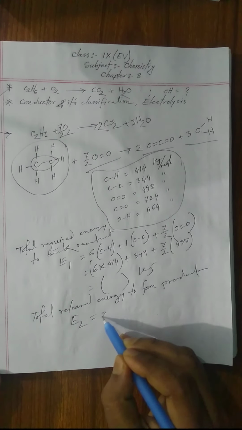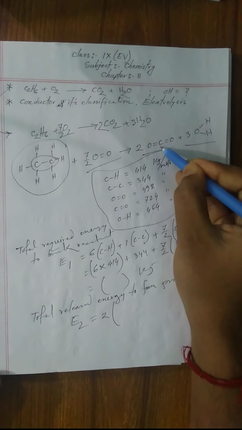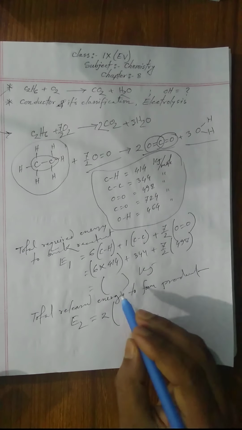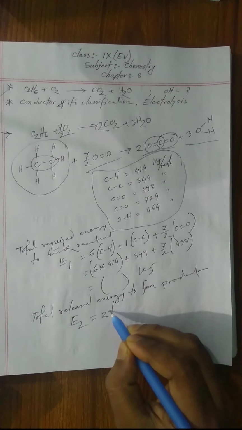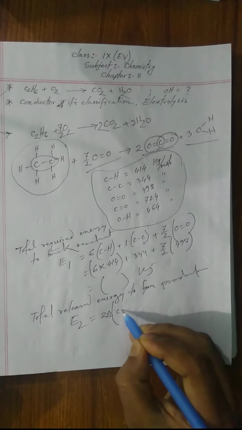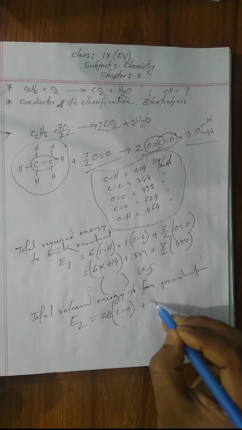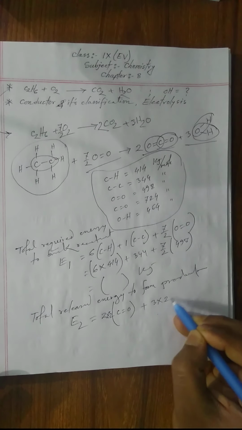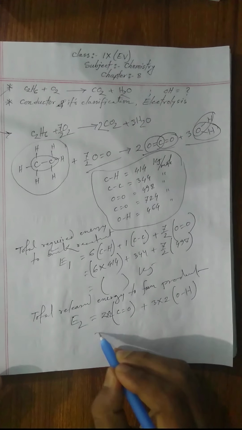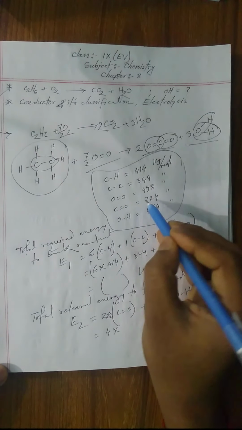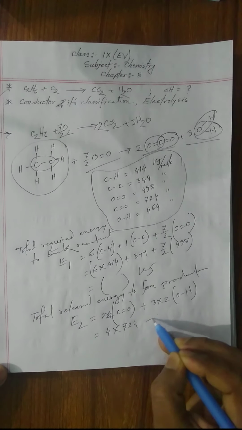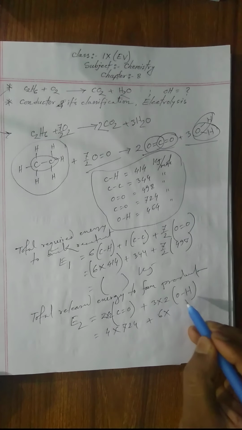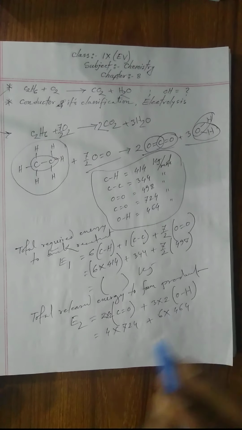So here 2 CO double bonds, one CO and another CO. That means 2 multiplied by 2 and bond CO. Again one OH, another OH, so 3 multiplied by 2 bonds OH. 4 CO bonds at 724 and 6 OH bonds at 464.